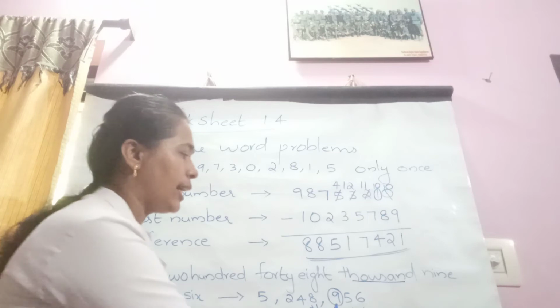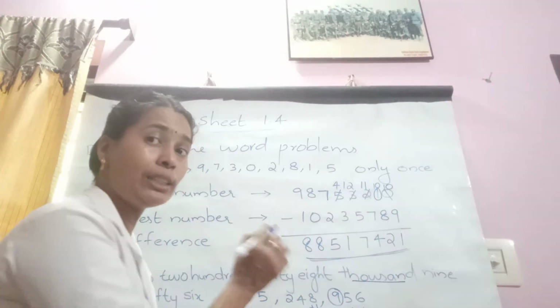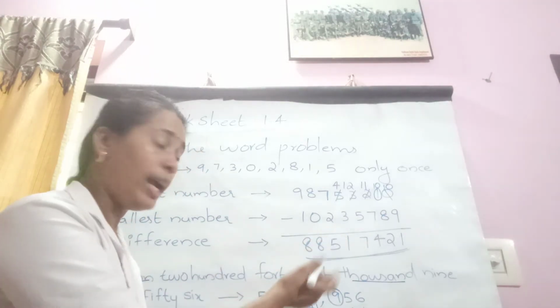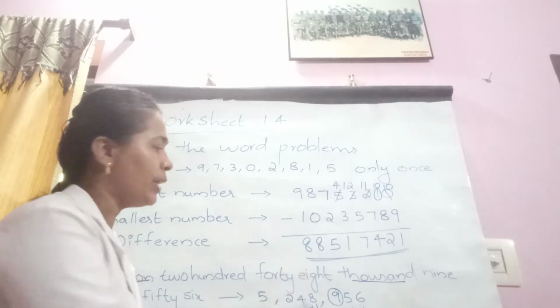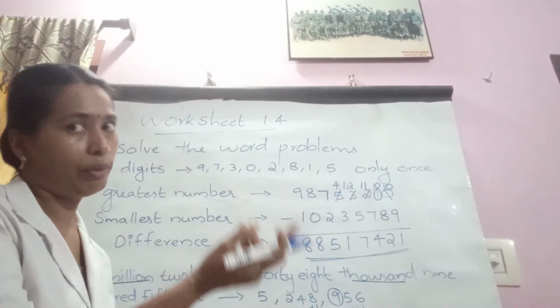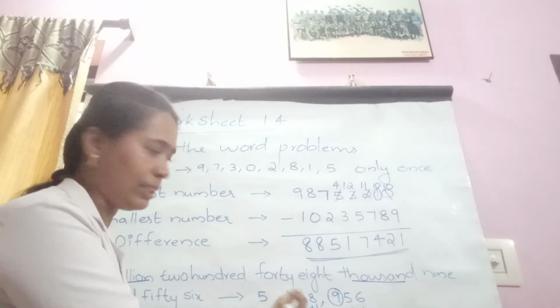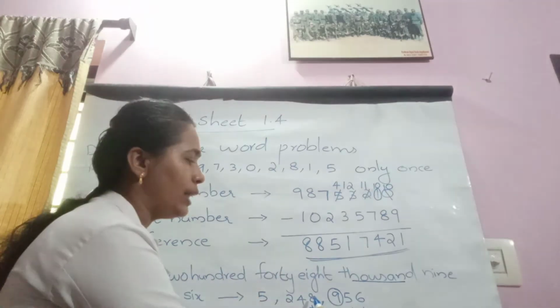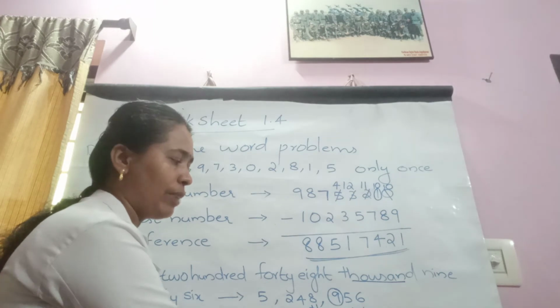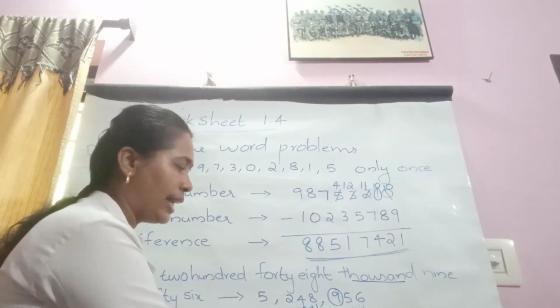Then look at this circled one. If the circled one is 5 or more than 5, add 1 to the previous one. Here 9 is greater than 5, so we add 1 to the previous one. Adding 1 to this 8, 8 plus 1 is 9. The remaining digits have no change.